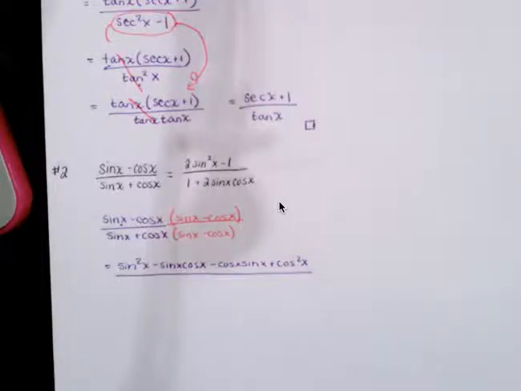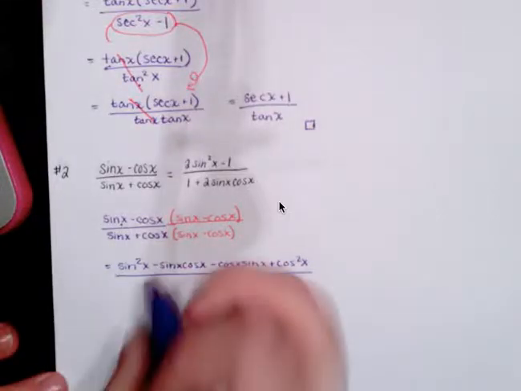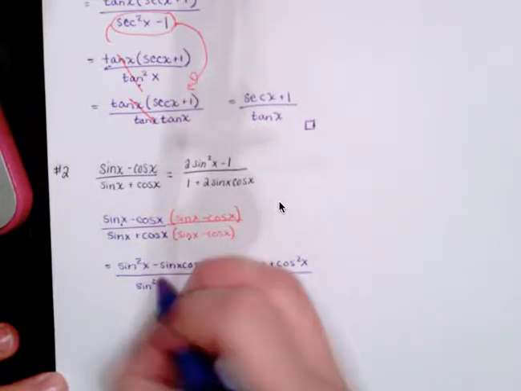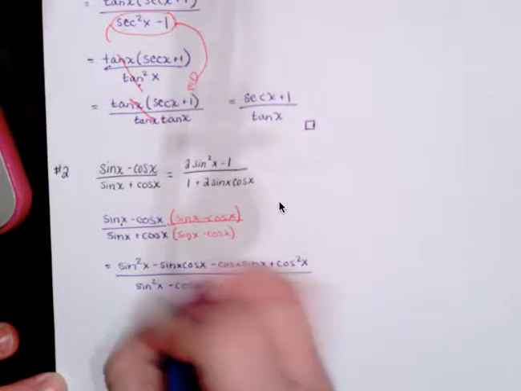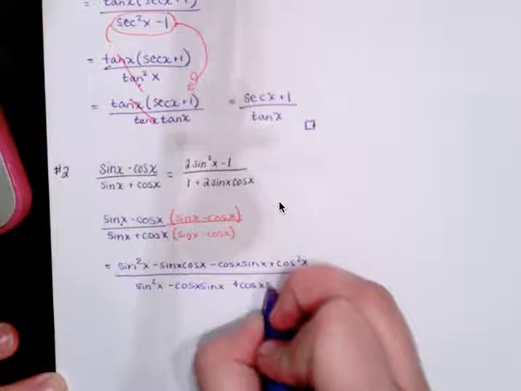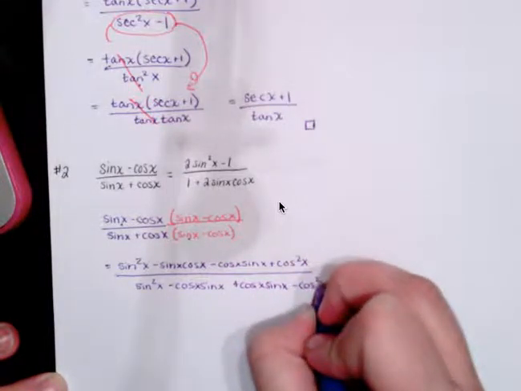And then I got to FOIL out the bottom. So then I get sine squared x minus cosine x sine x plus cosine x sine x and minus cosine squared of x.